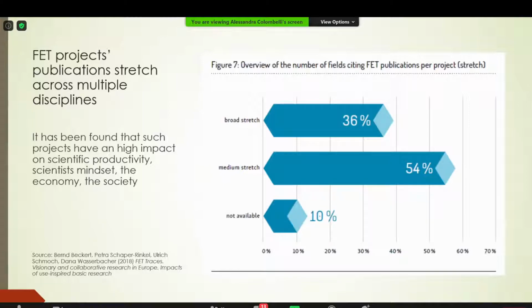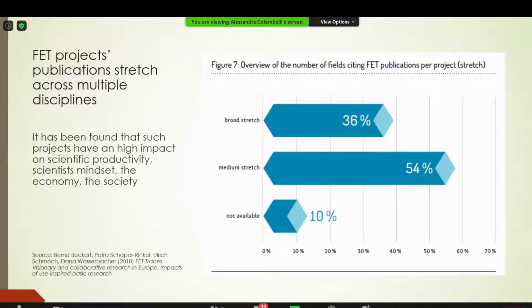These kinds of projects also have an impact on a scientist's mindset, as it has been found that scientists in this kind of project develop a market-oriented and impact-oriented mindset.